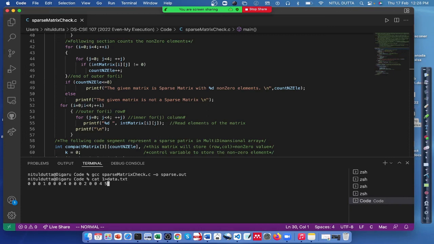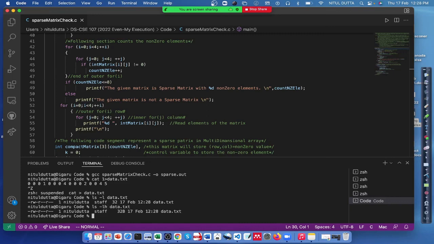Okay, let me press Ctrl Z and check ls -l data.txt. This file is there, and this data comprises 32 bytes.